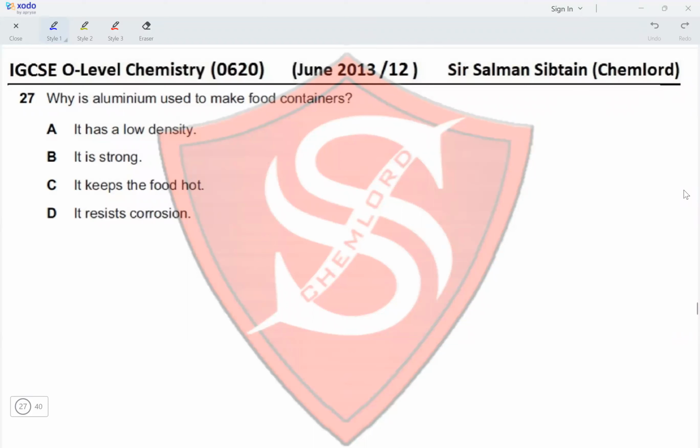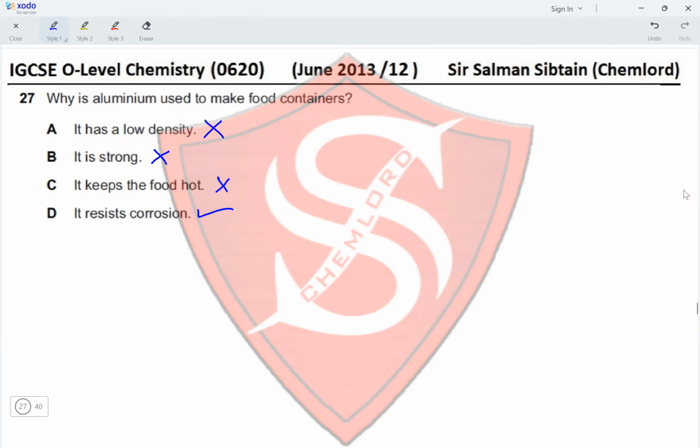Question 27. Why is aluminum used to make food containers? It has a low density. This is the reason for its use as overhead electric cables. It is strong. This is its use in making aircraft bodies. It keeps the food hot. Not the reason for its use as a food container, no. And resist corrosion, yes.